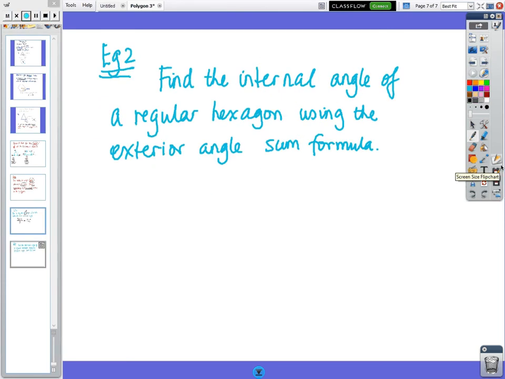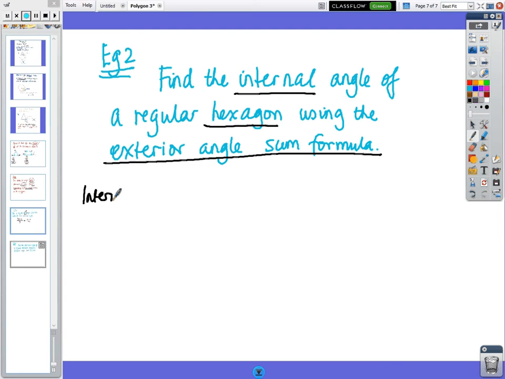Okay, now this next one, we have to find the internal angle of a regular hexagon, but I want you to use this new exterior angle part. So if you're going to do it the long other way that we showed in an earlier video, the internal angle is n minus 2 times 180 over n, which is quite involved. But now let's have a look at the exterior angle and see how it works.